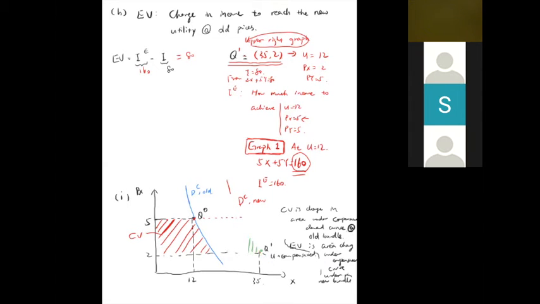So the area under the compensated demand curve at the new optimal bundle is just the green shaded area. So this is the EV.